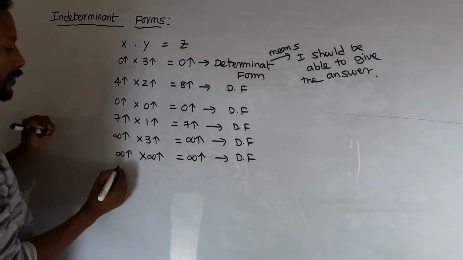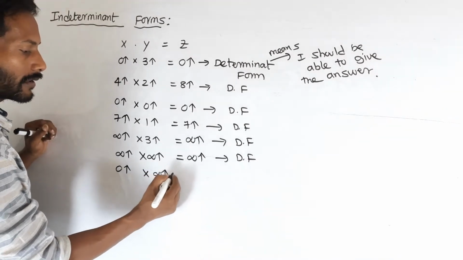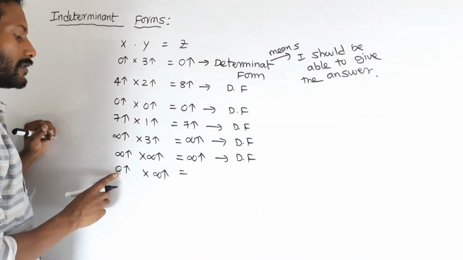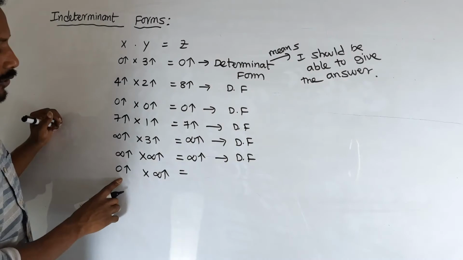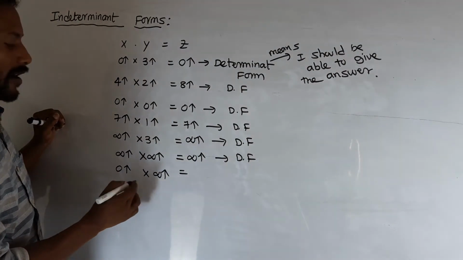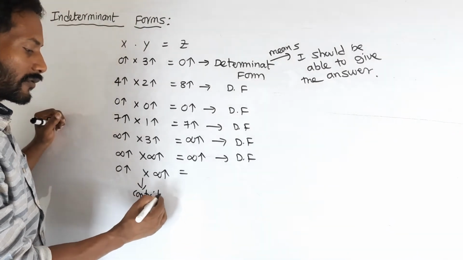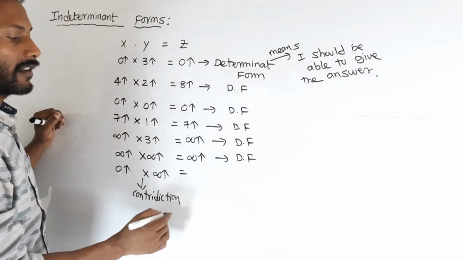Now x approaches 0, y approaches infinity. 0 into anything is 0. Anything into infinity is infinity. Here is a contradiction.